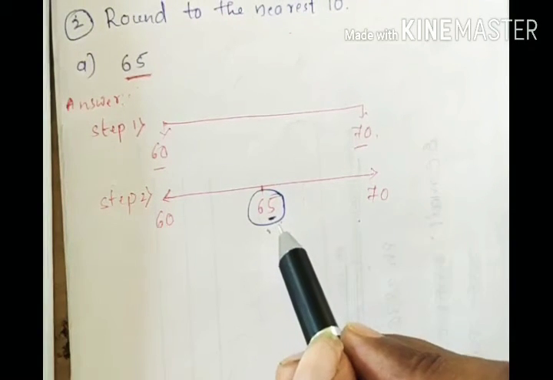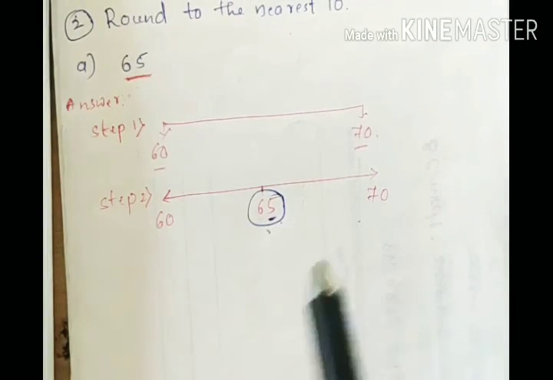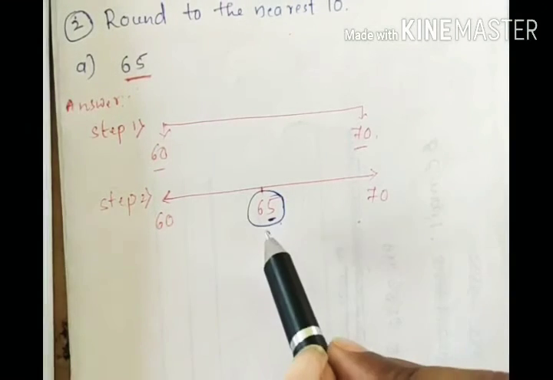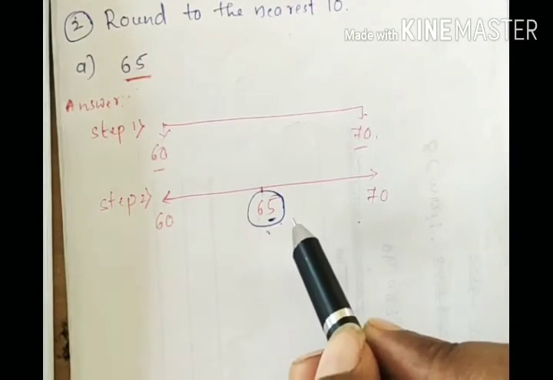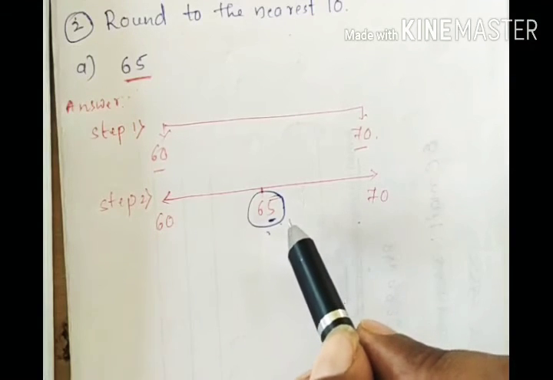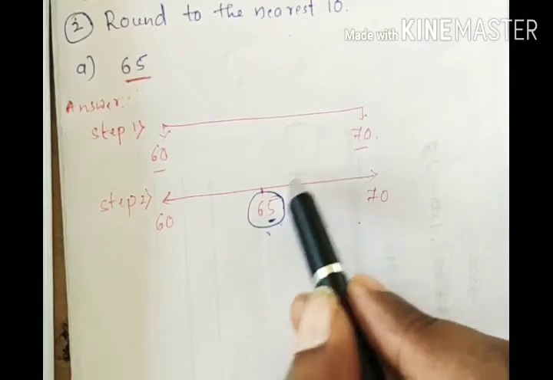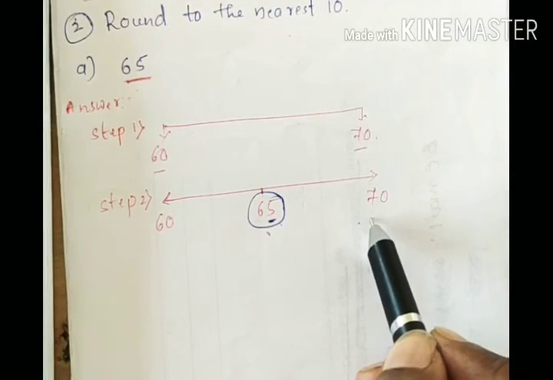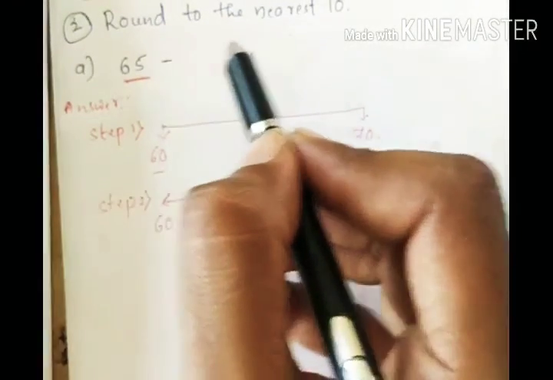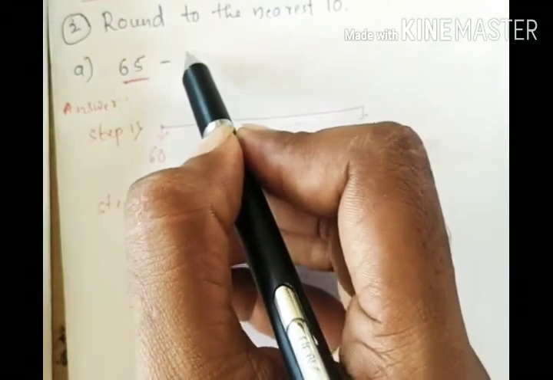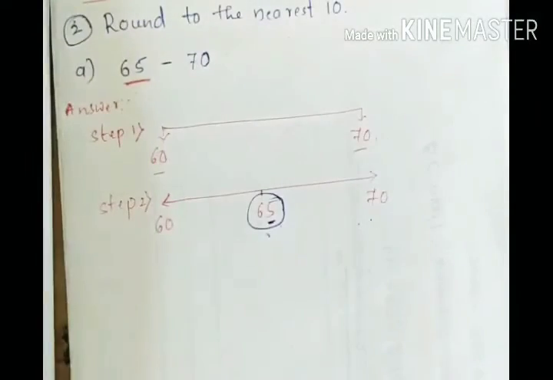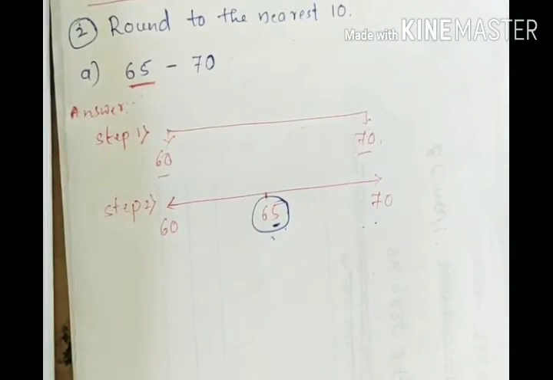Only for 5, only for midway, that means exact half, you have to round up this number to the next larger number. The next larger number is 70. So its nearest 10 is 70, dear students. Is that clear?